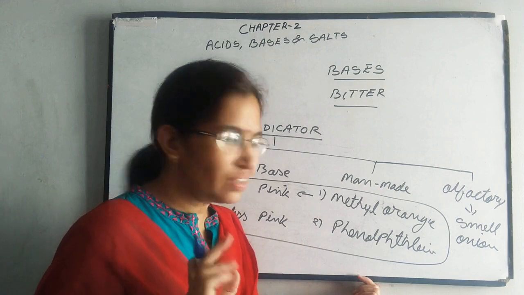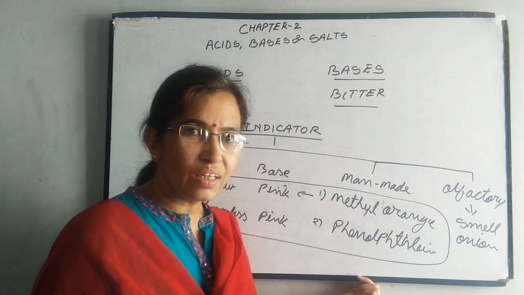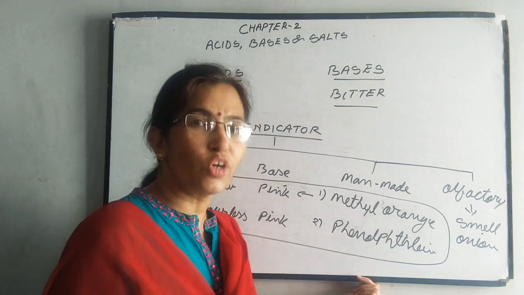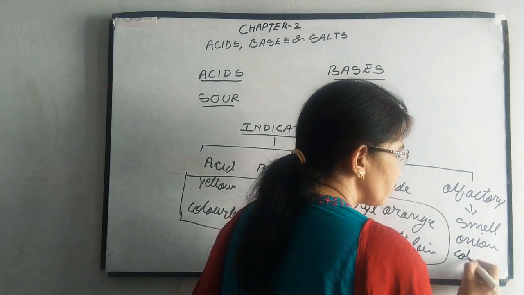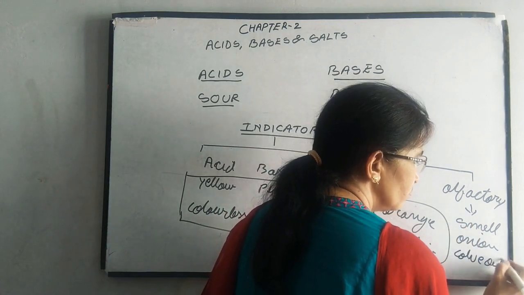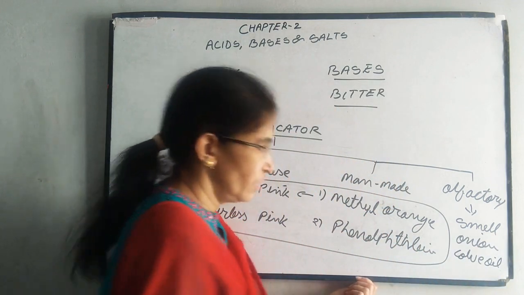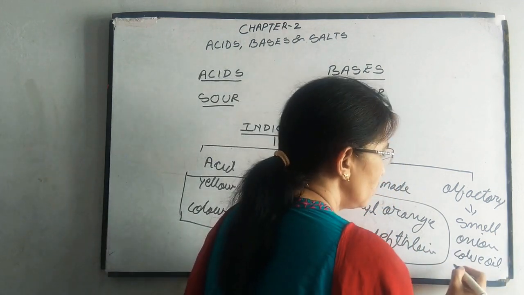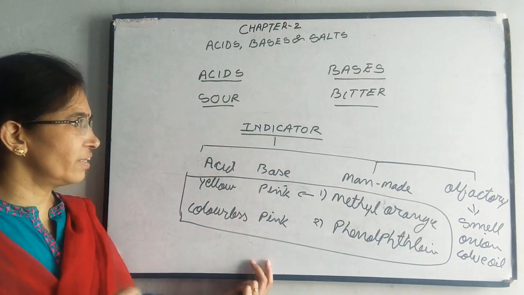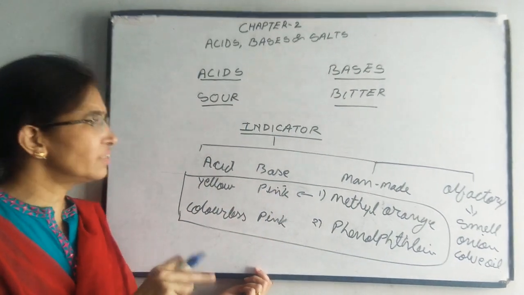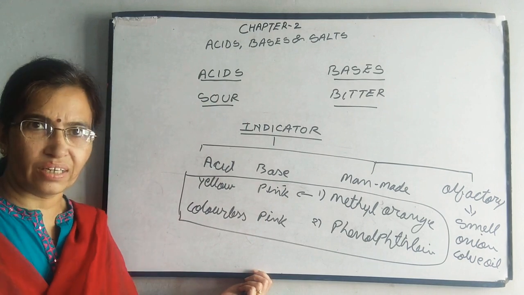Vinegar is acidic in nature. Adding vinegar turns the onion orange in color, and the smell of onion will not be there. So the smell changes. The second example is clove oil. And the third one is vanilla essence. So these are three types of indicators: natural indicator, man-made, and olfactory indicator.